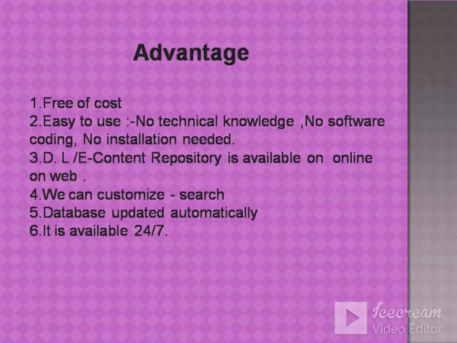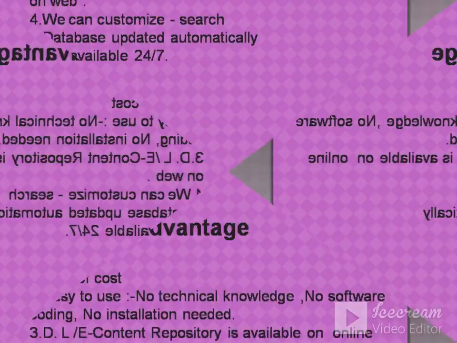Third, the digital library e-content repository is available on the intranet in your campus as well as internet based. Fourth, we can customize our OPAC search with the help of this e-content repository. Fifth, the database of e-content is updated automatically. Sixth, it is available 24/7.